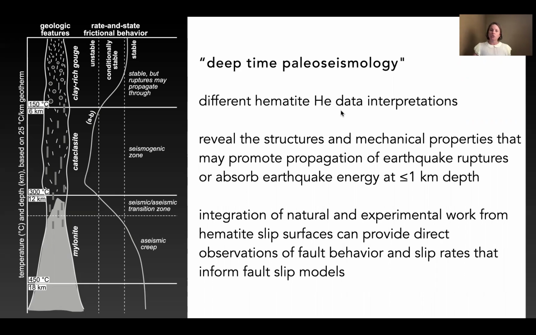In these examples, we are revealing the structures and the mechanical properties that may promote the propagation of earthquake ruptures in one case, or the absorption of earthquake energy in another at less than 1 kilometer depth. And so it's the integration of natural and experimental work from slip surfaces, such as hematite slip surfaces, that can provide direct observations of fault behavior and slip rates that inform models of fault slip.